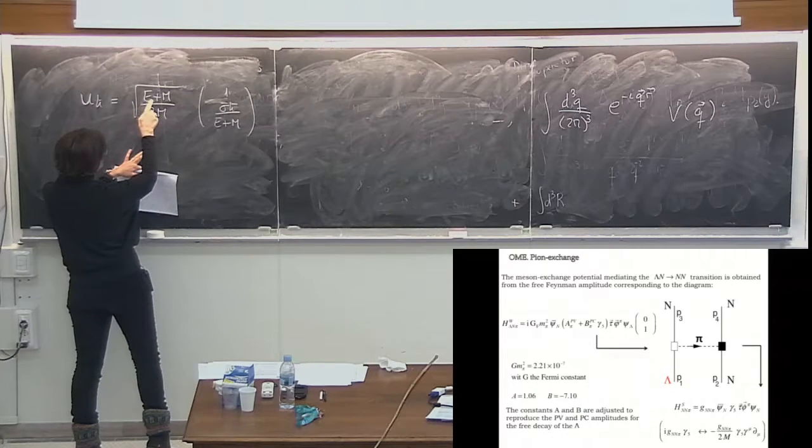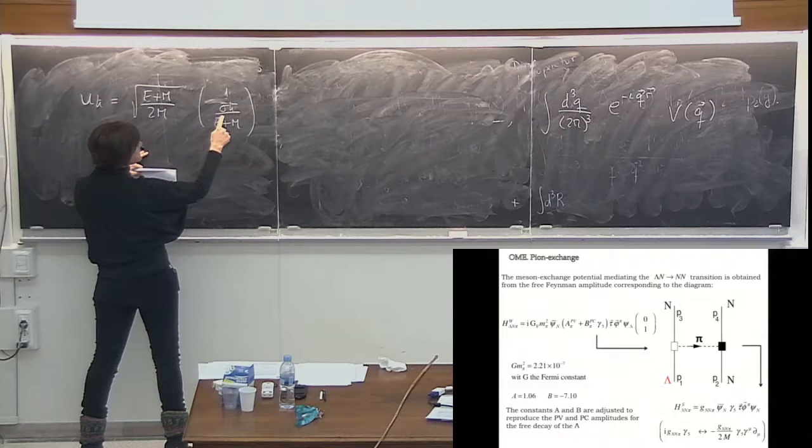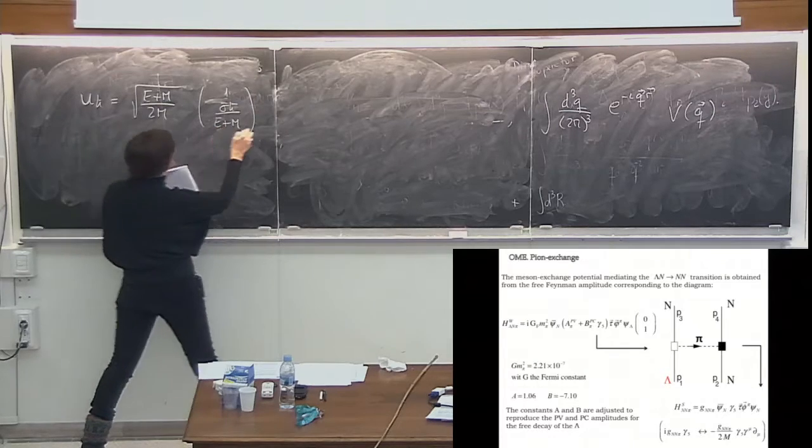Momentum is small compared to the mass, so the energy is basically the mass. This factor goes to 1, and here you have 1 and sigma k over 2m.